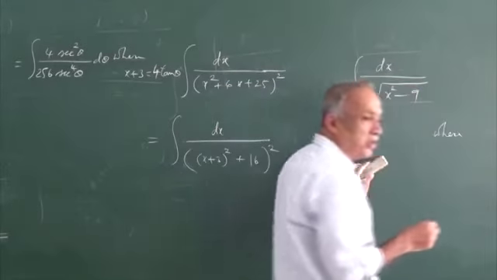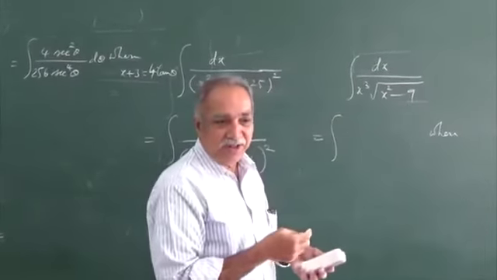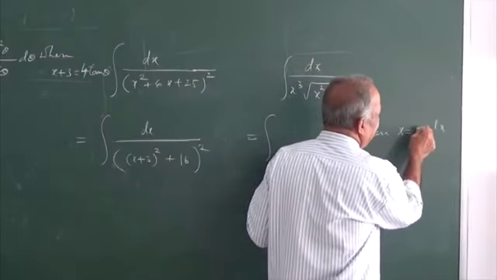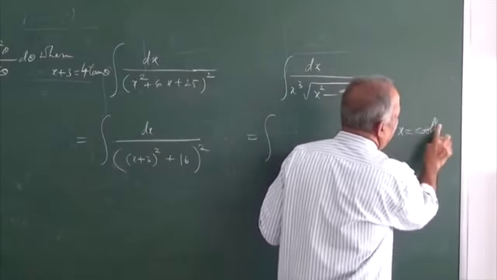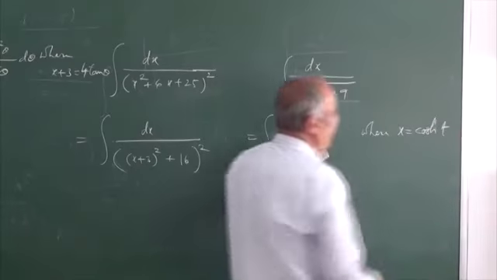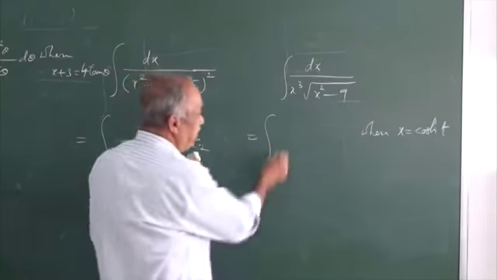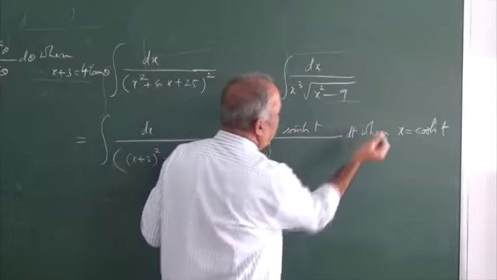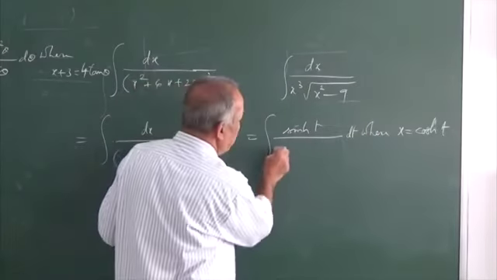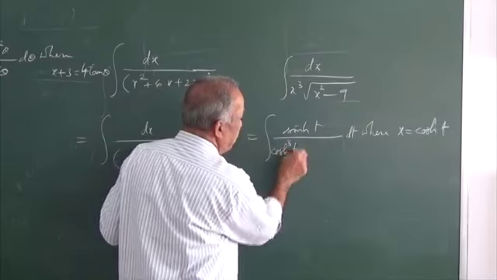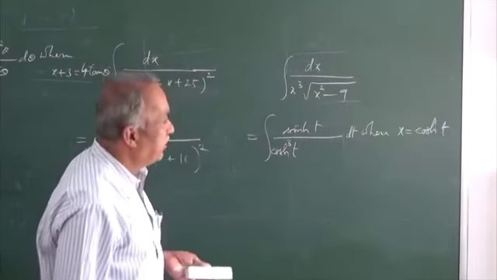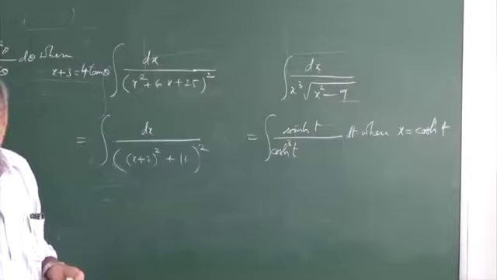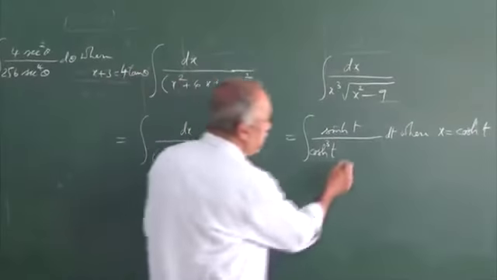If it does not work, we will go back to secant theta or cosecant, one of those. Numerator dx is sin hyperbolic t dt. Denominator x cube, cos hyperbolic cube t, and root of x square minus 9, cos hyperbolic square t minus 1, sin hyperbolic t square root of that, sin ht.